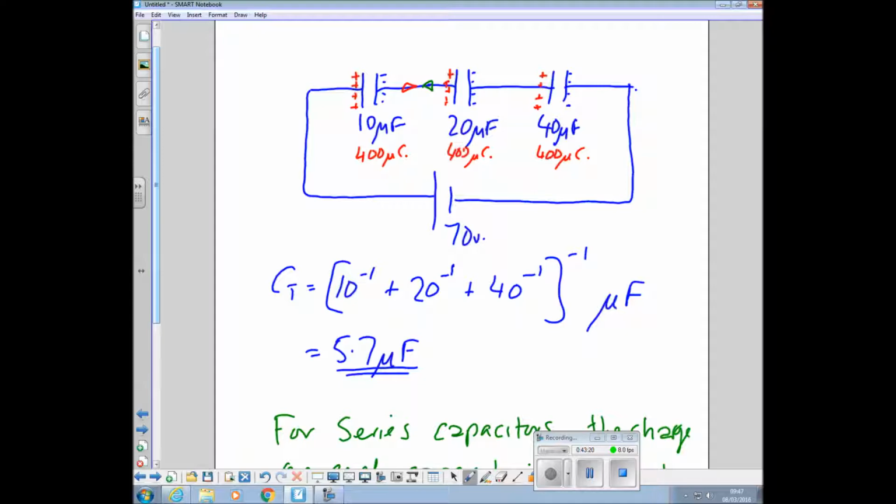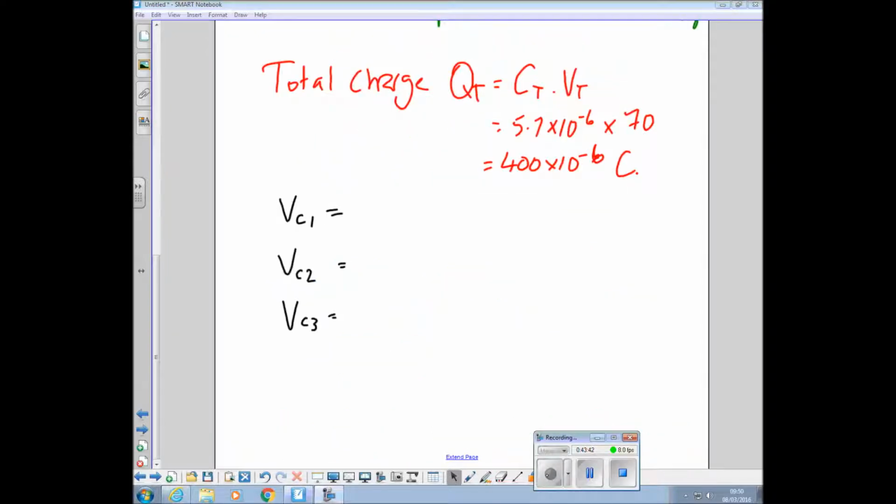Okay, so what we're going to do now is calculate VC1, VC2, and VC3. Have a go at that now, please. Okay, so VC1, how do we calculate that? Charge over the QT, because that's the same, over C1.